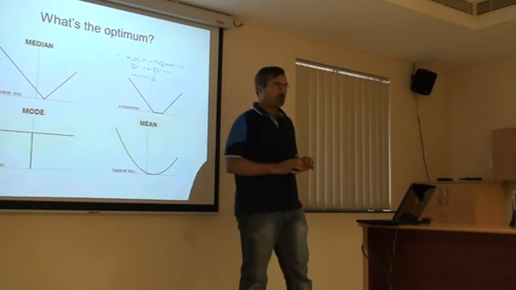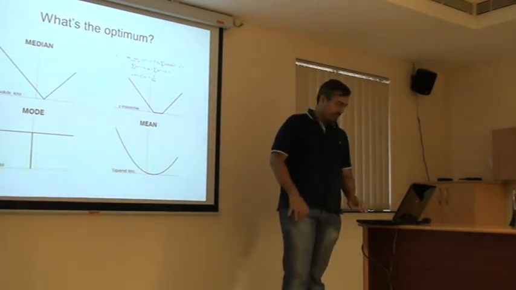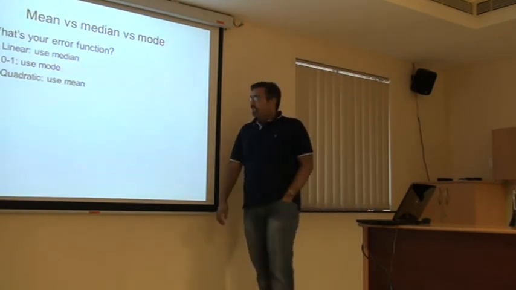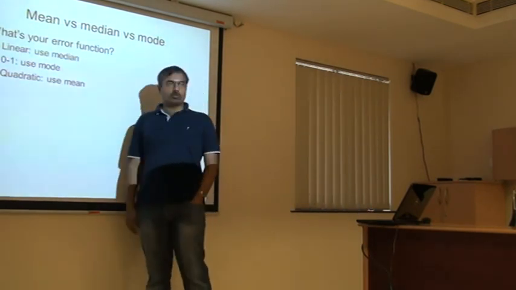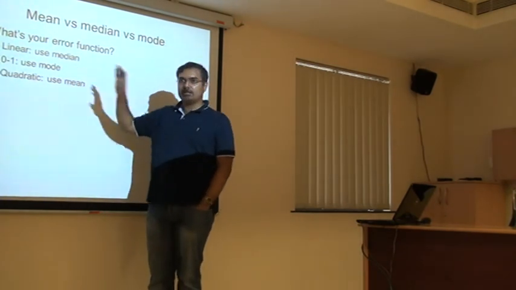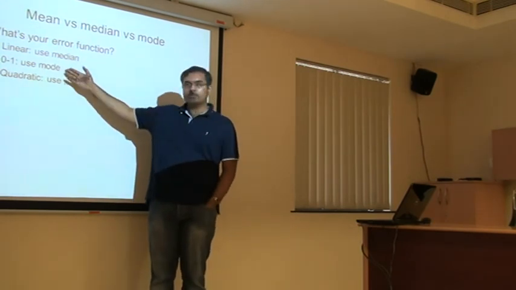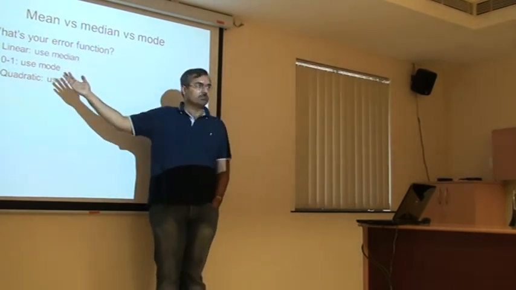In most of your data sets, that's not the case. Just be very careful about using the mean as a centrality. If your error function is linear, you probably want to use a median. If your error function is a 0 or 1, that is, you either get it right or you get it wrong, you want to use a mode. Examples of this, elections, examples of this.